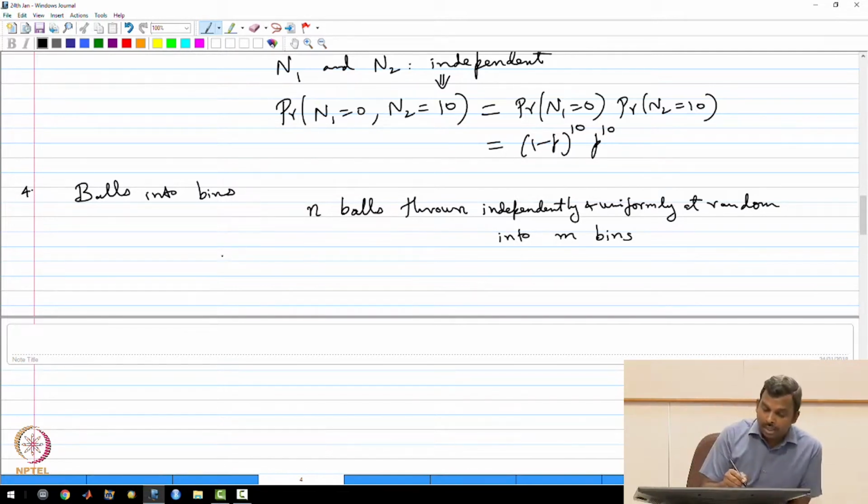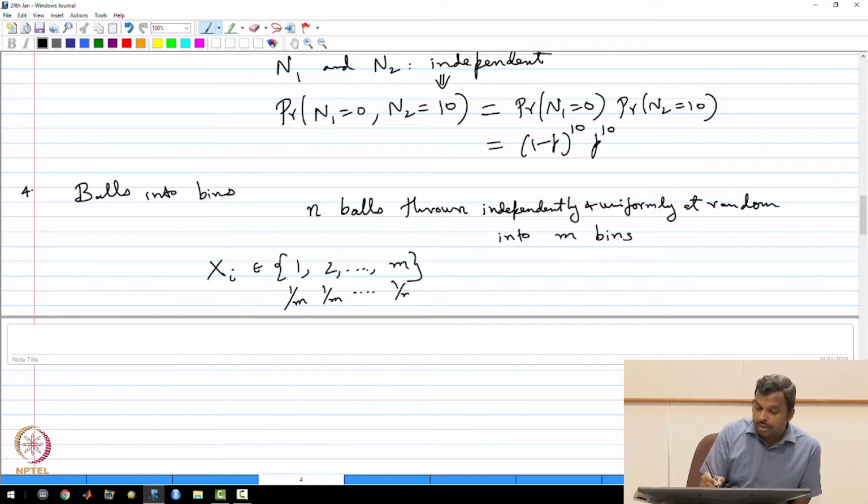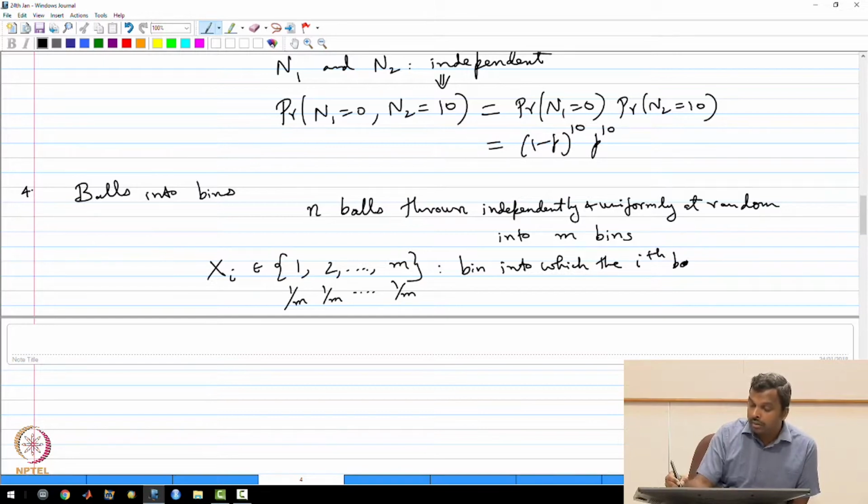Okay, so let's say I define xi to take m values 1 to m, and I will say it's uniformly distributed. What is this xi? This is the bin into which the ith ball landed.